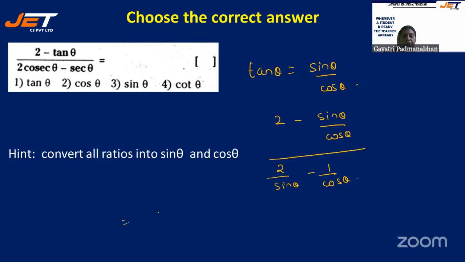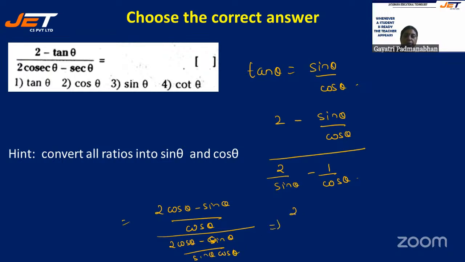So just take LCM: 2 cos theta minus sine theta by cos theta, divided by 2 cos theta minus sine theta by sine theta cos theta. Right?